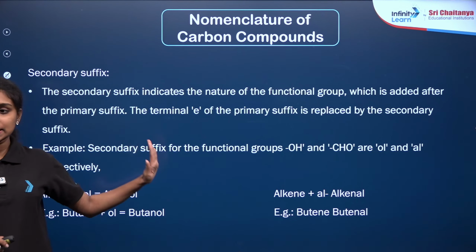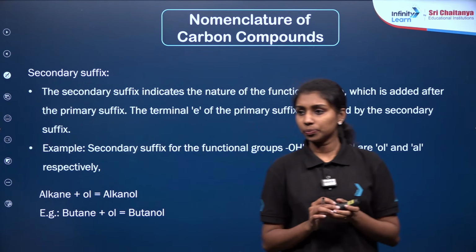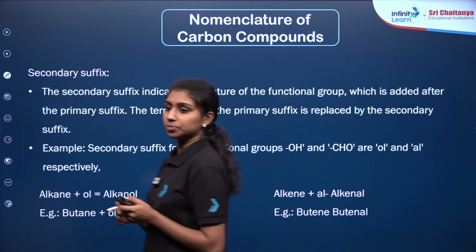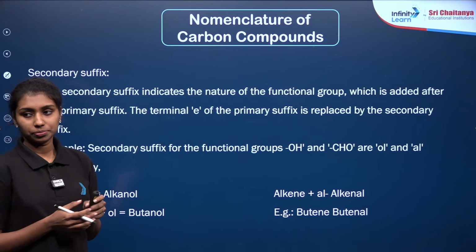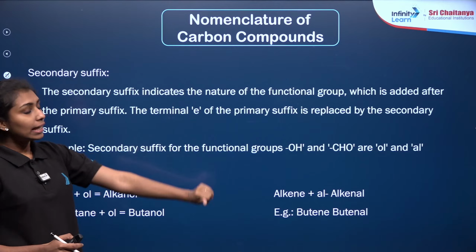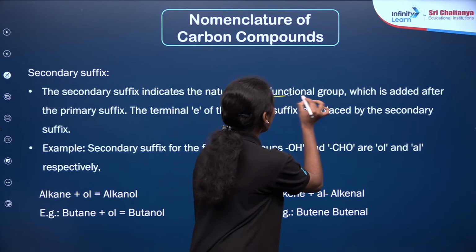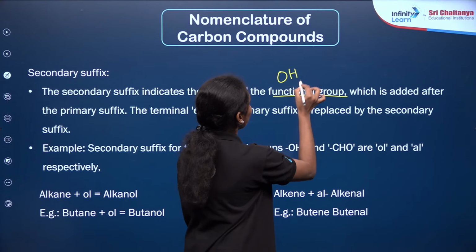So that is about the primary suffix. Similarly, we need to add the secondary suffix also. As I mentioned in the last class, there are some functional groups, like the hydroxy group and the carboxylic acid group.